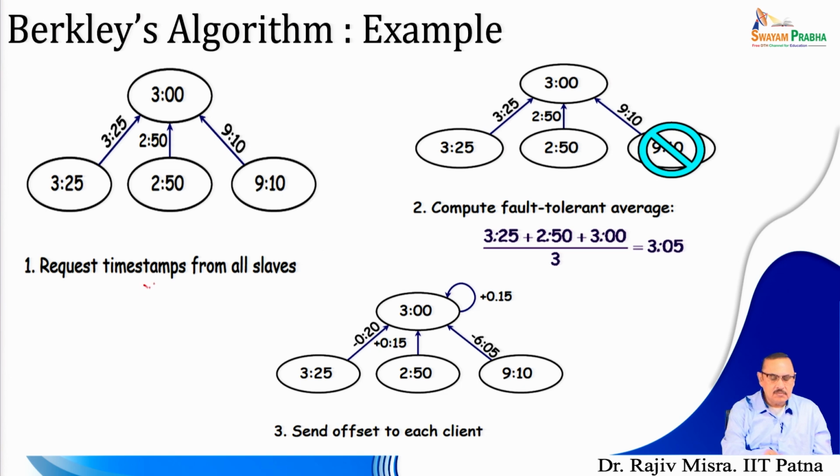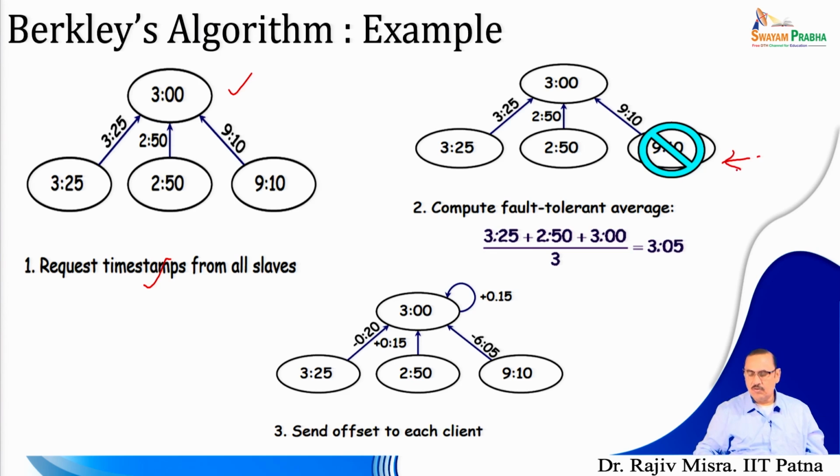Here the request for timestamps from all the slaves is sent in step number 1. So, each slave or each client will send its clock value to the central coordinator, and then the coordinator will see the clock values and find an outlier.